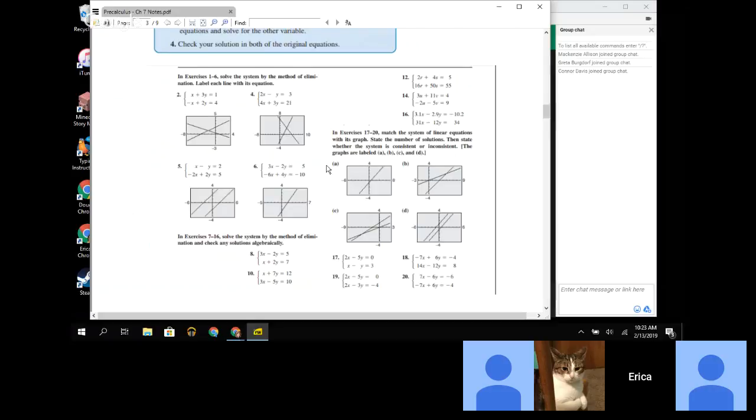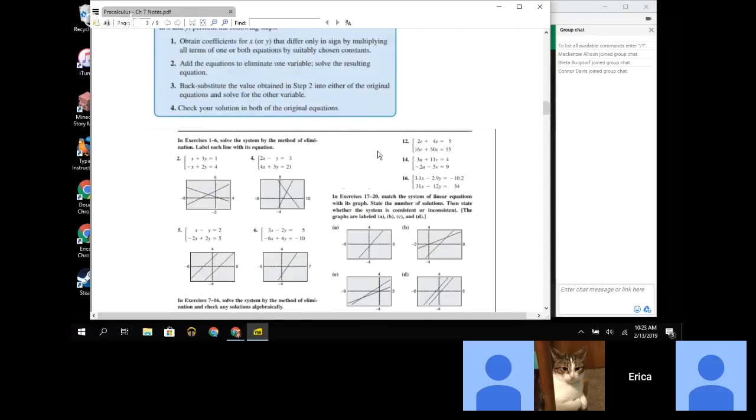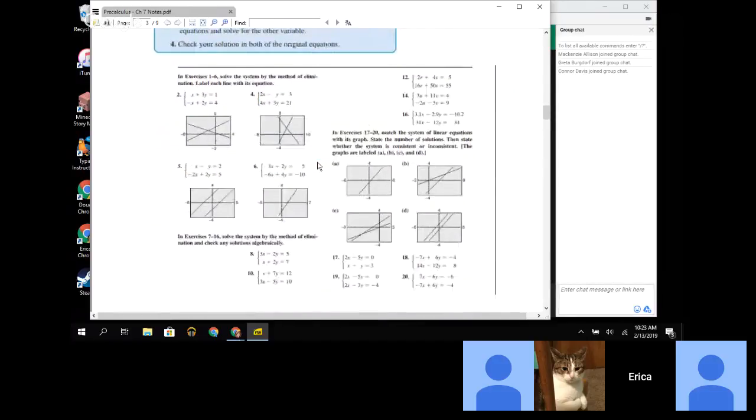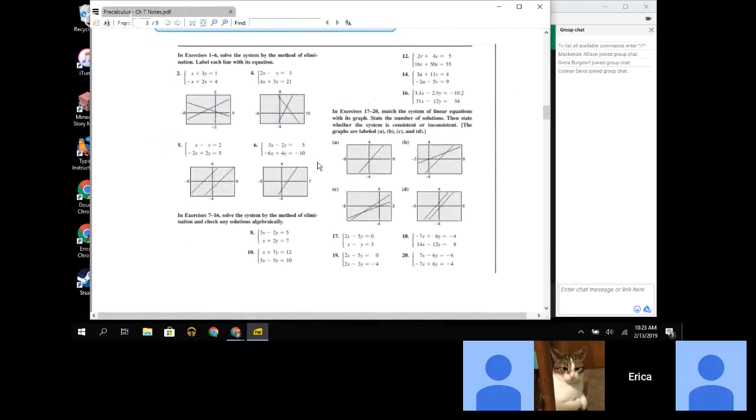Okay. So just a reminder, let's do number. So it says 17 through 20. So you don't have much homework in here, by the way. It's 1 through 15 odd, and then 17 through 20. So it's not like I'm giving you a million problems.